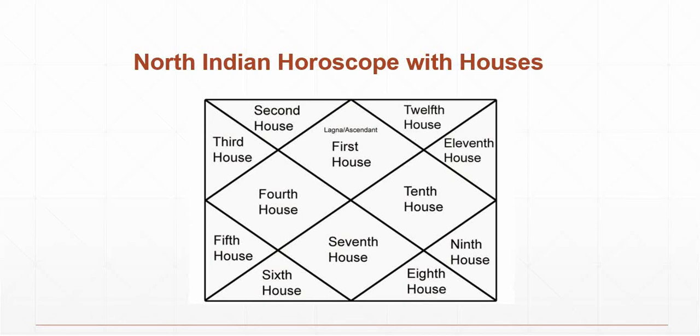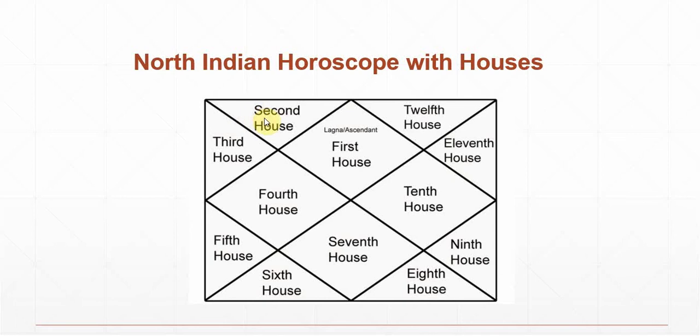So, this house, in short, is all about your personality, the way you think, the way other people see you. So, the first house is also known as the self. Okay. Now, we will be discussing in detail about the representations and the significations of all the houses. Right now, we are just discussing in brief.